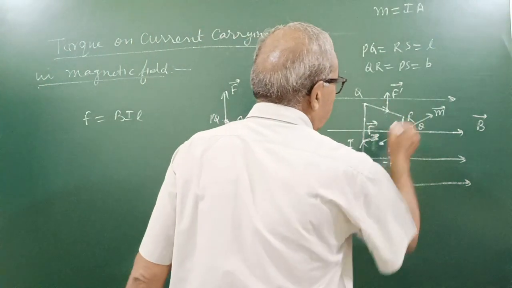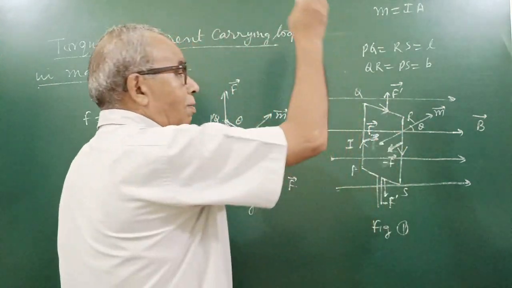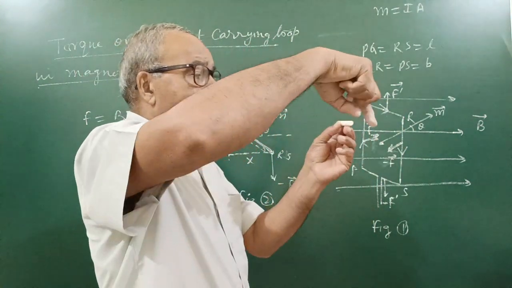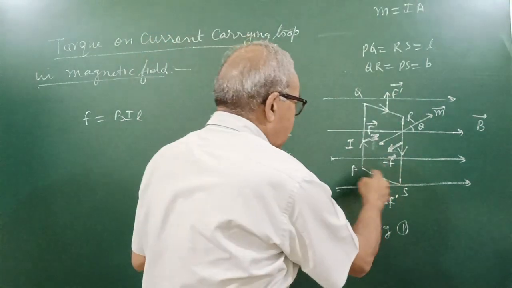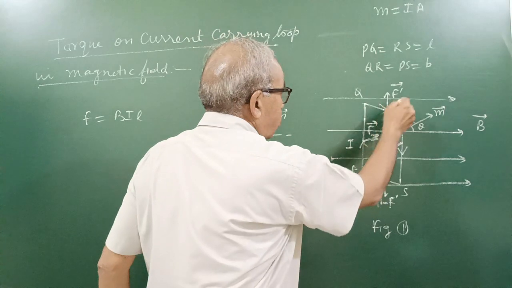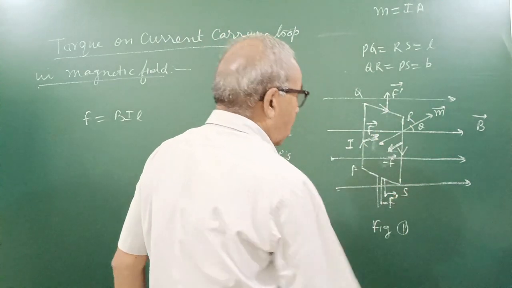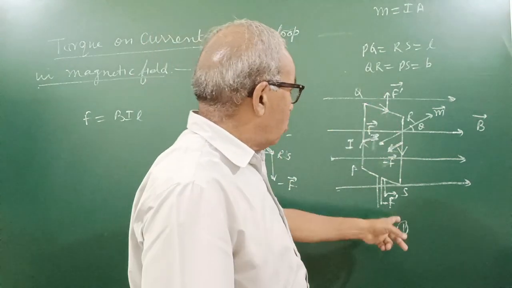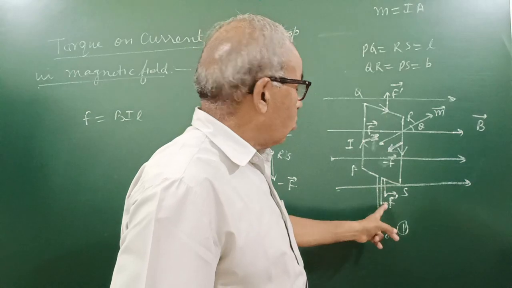Side QP carrying current this way, forces are vertical here. This is length, this is B, L cross B, upward, and it is downward. So forces F dash and minus F dash are equal and opposite in magnitude, but they act along the same line.